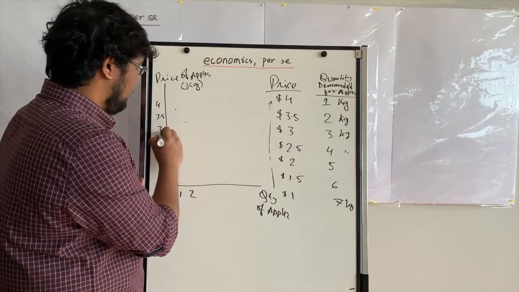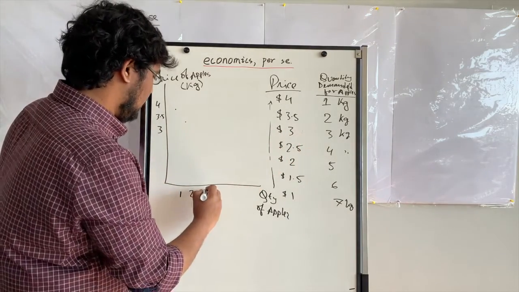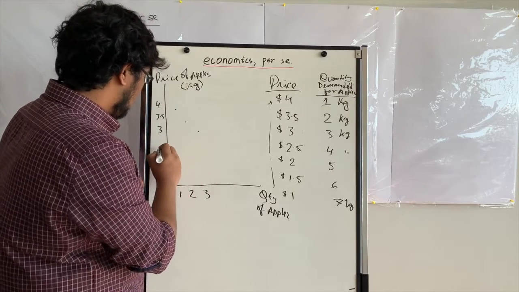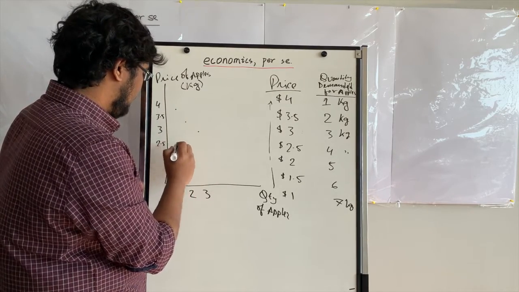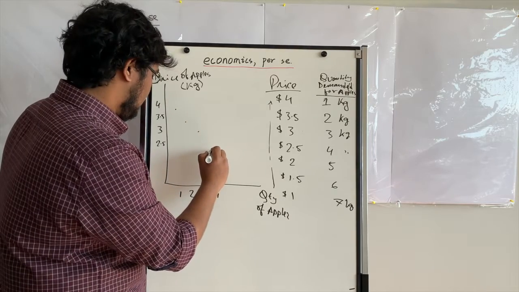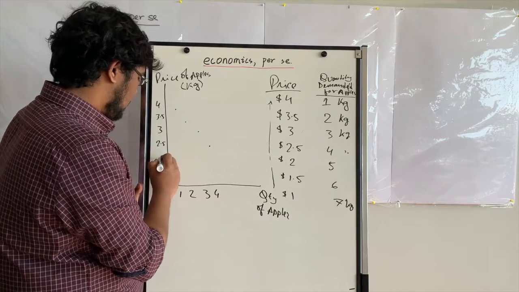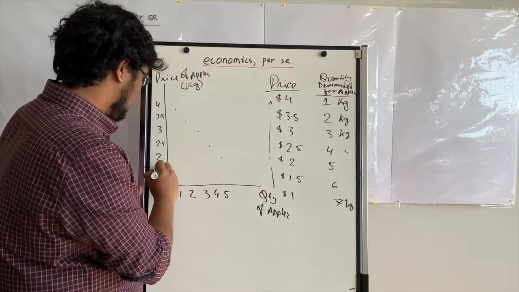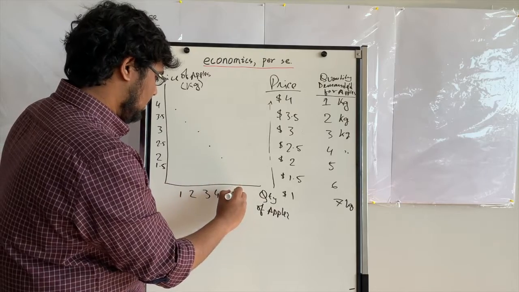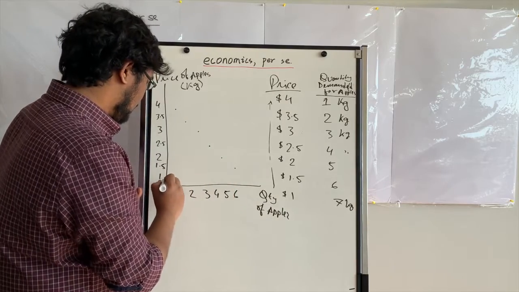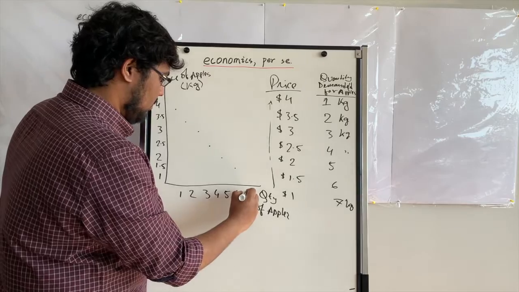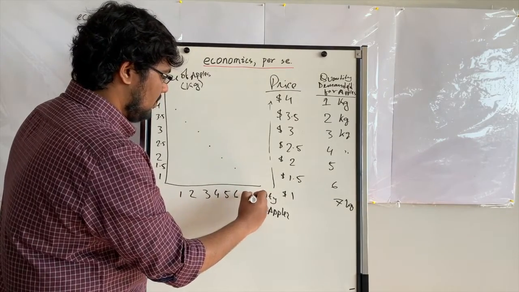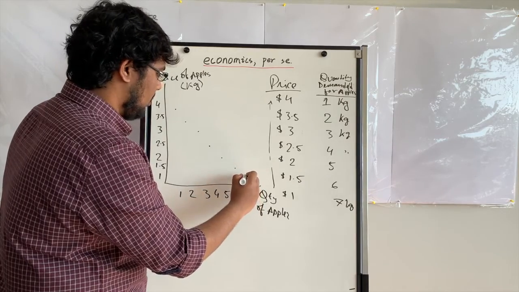When it's 3, quantity demanded is 3 kilograms, so then here for 2.5 it's 4, here 2, it's 5, which is here, 1.5, it's 6, which is here, and 1, which for $1 per kilogram, people are demanding 7 kilograms of apples.